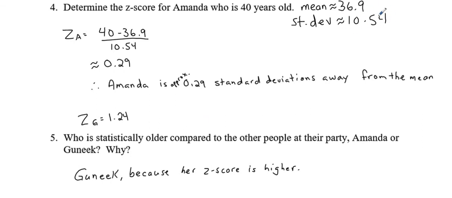If the standard deviation was much smaller for Amanda, then her z-score would have been much bigger, meaning that she might have been older compared to the rest of the party. So it's not just a difference between the age and the mean, you also have to take the z-score into consideration.